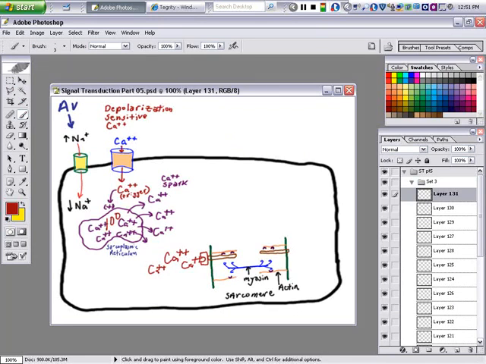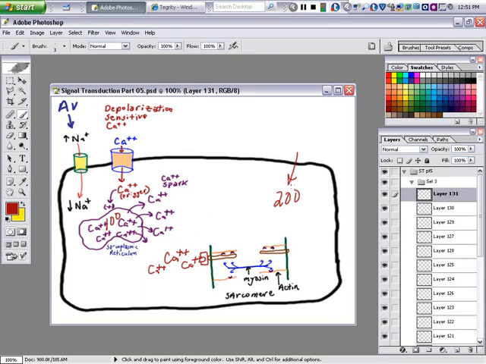Now, let's say epinephrine comes along. Those 100 calcium ions go out and then they come back in. Now let's say epinephrine comes along, and you get 200 calcium ions coming inside the cell from epinephrine.